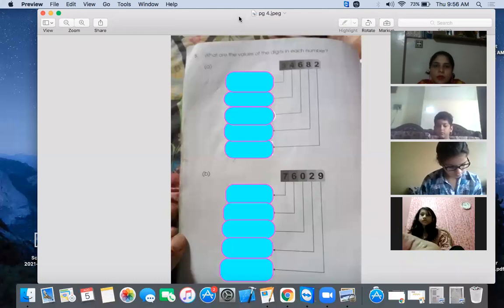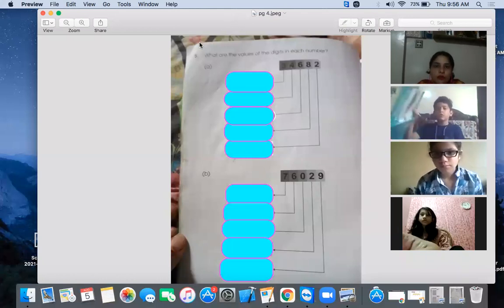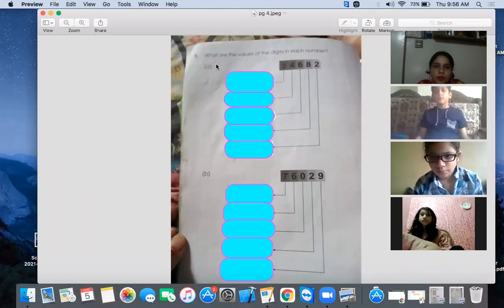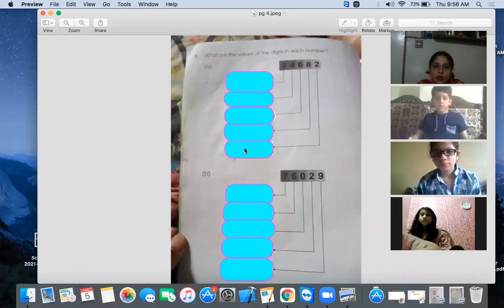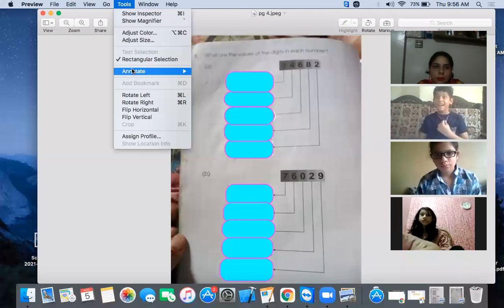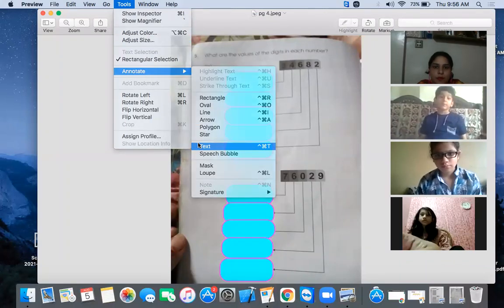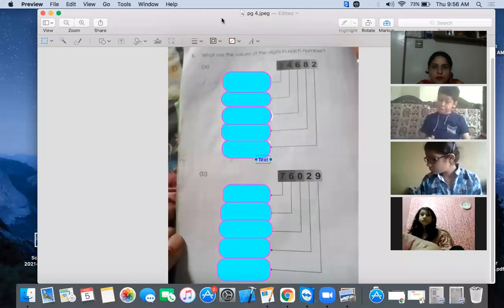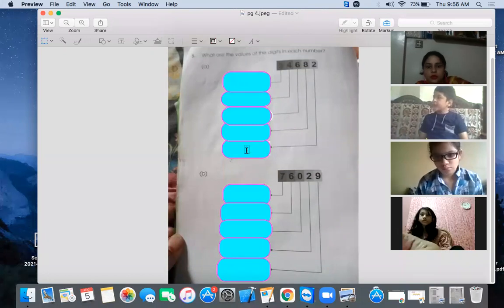So what is the place value of 2? The place value of 2 is 1s. So there is no 0 in the 1s, so just write 2.